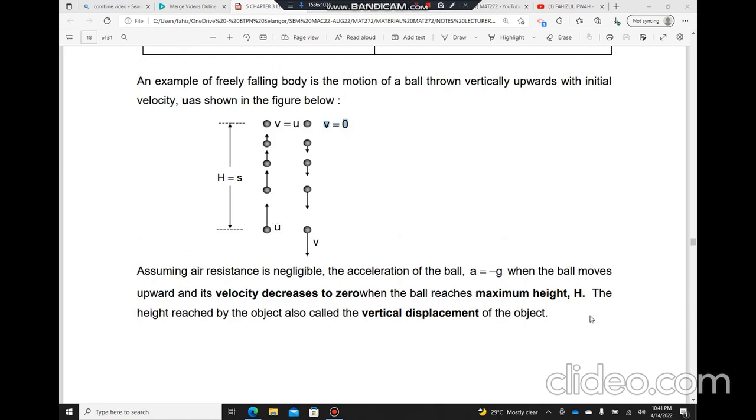Okay, so the height reached by the object also called the vertical displacement of the object. Maksudnya kedudukan paling tinggi ni, the height reached by the object, kita panggil dia sebagai vertical displacement of the object.